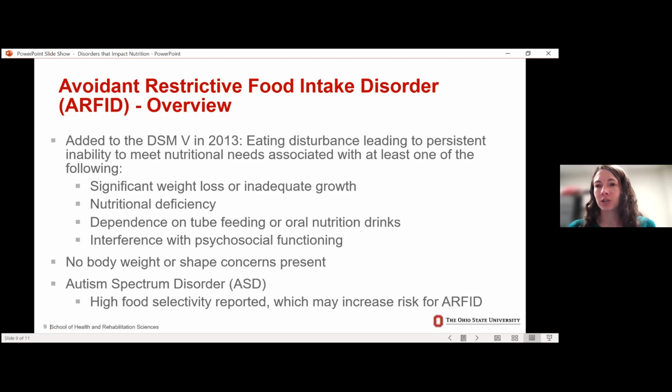And sometimes people glance at this and they're like, oh, this actually seems similar maybe to anorexia nervosa. But with ARFID, there's no body weight or shape concerns present.